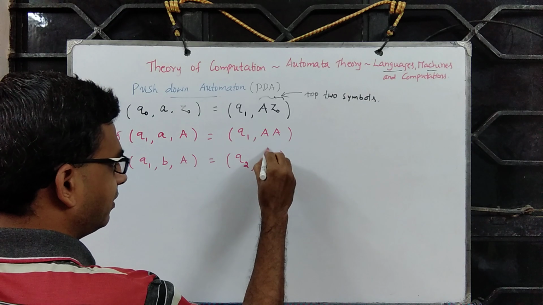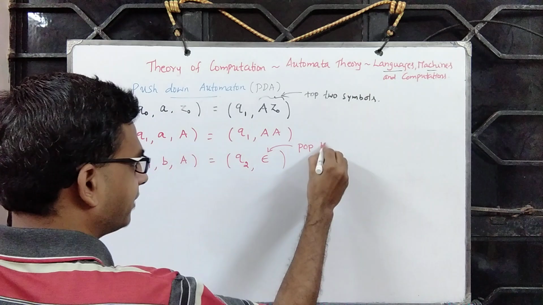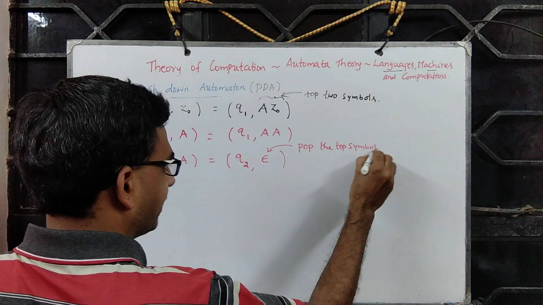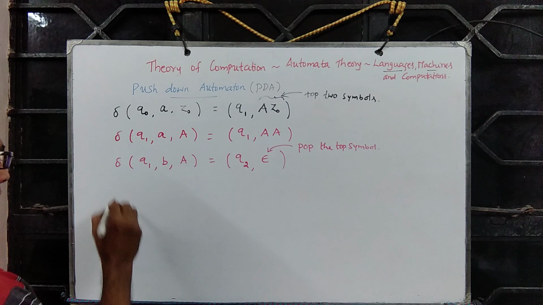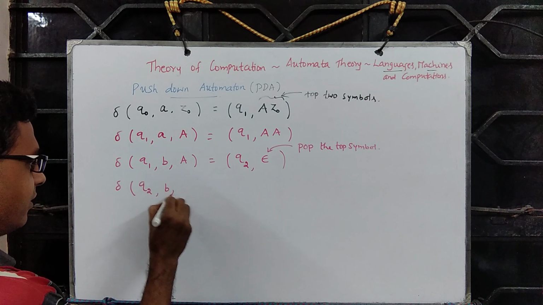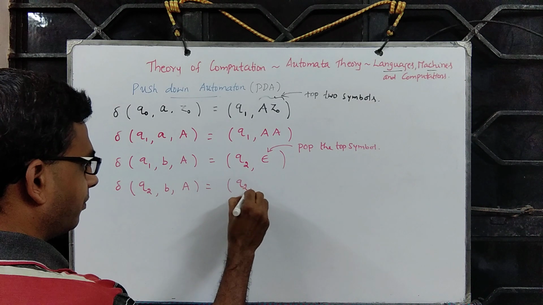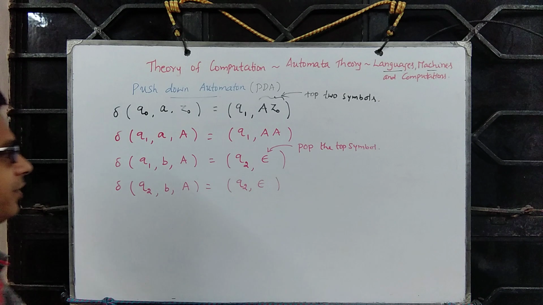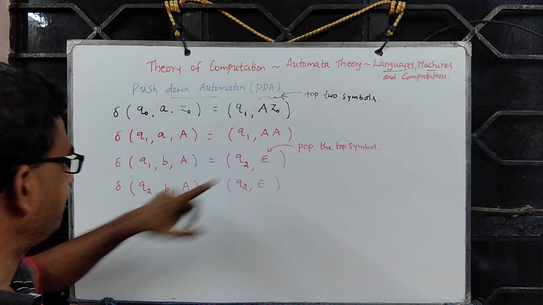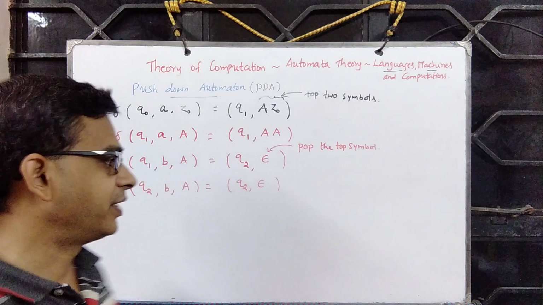When I say epsilon, this is the notation, which means pop the top symbol, in this case capital A. Now you are at Q2, you read a B, top symbol is A, you perform pop, which means this will help us to pop the first B, and with this we pop the remaining n-1 B's.